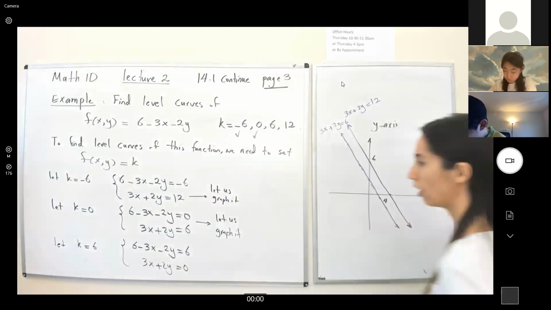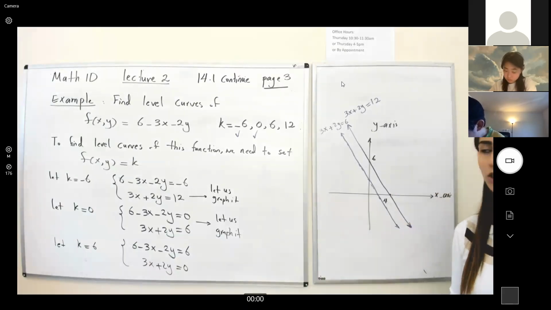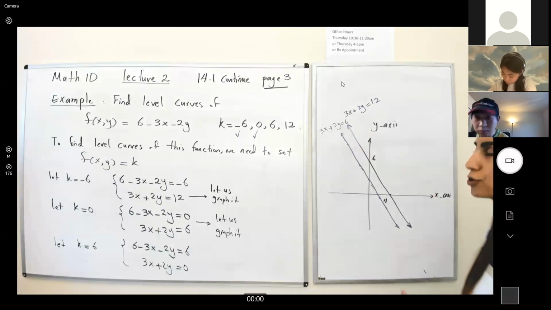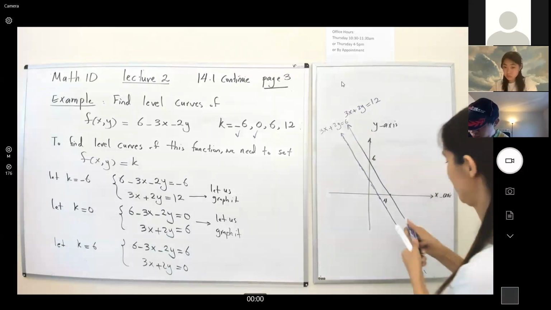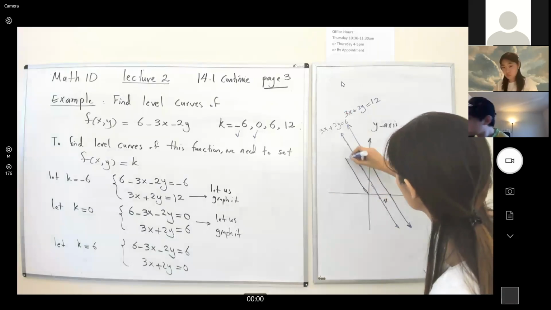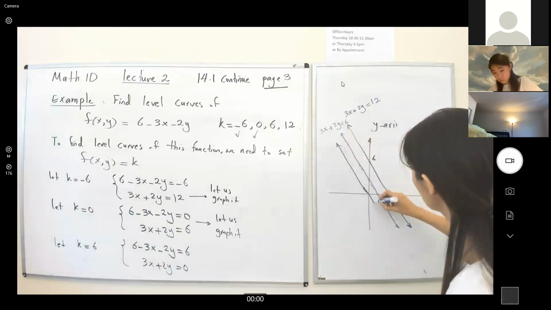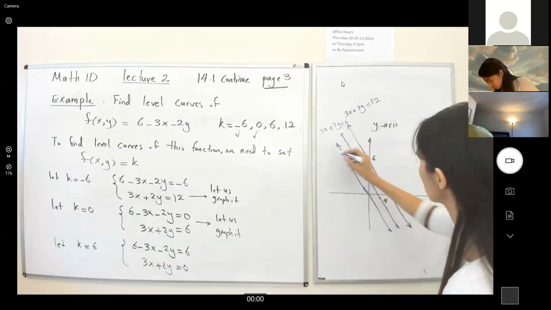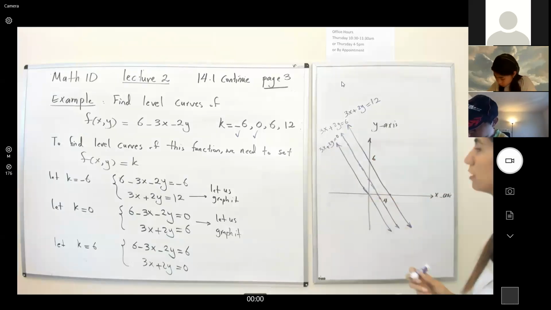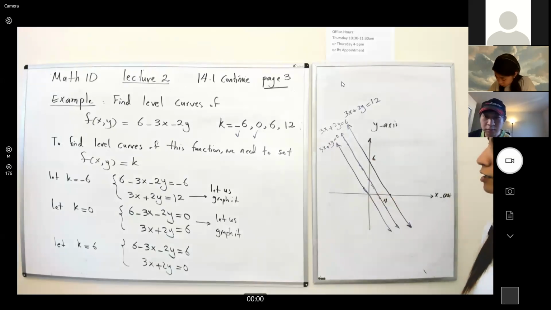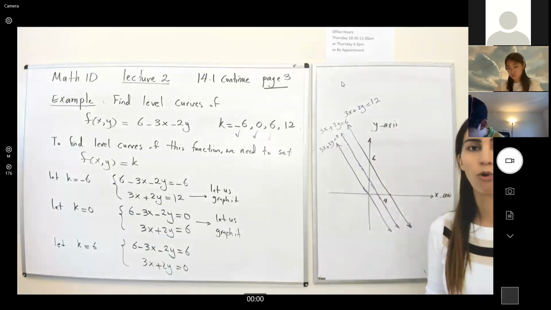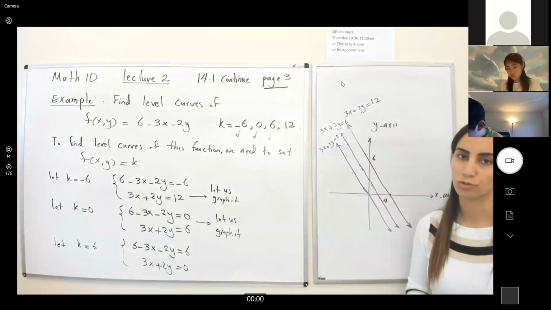So you have your line passing through the origin, and of course that line is going to be parallel to these lines. So this is your third line, 3x plus 2y equal to 0, and you can just continue this process and solve it for k equals 12.